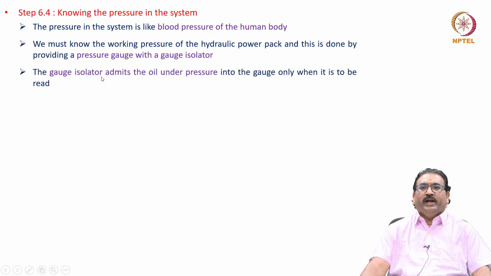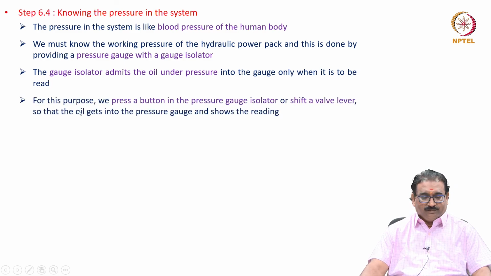The gauge isolator admits the oil under pressure into the gauge only when it is to be read. For this purpose, we press a button in the pressure gauge isolator or shift a valve lever so that oil gets into the pressure gauge and shows the reading.